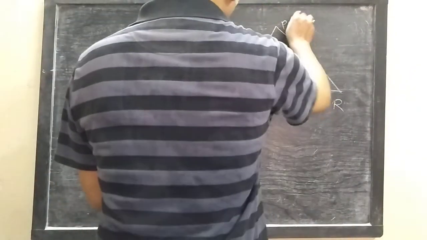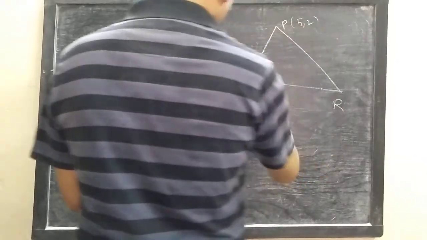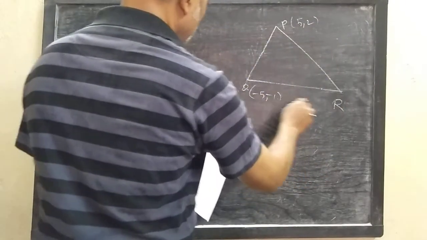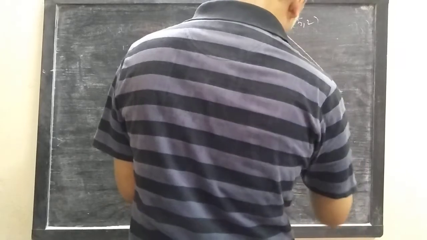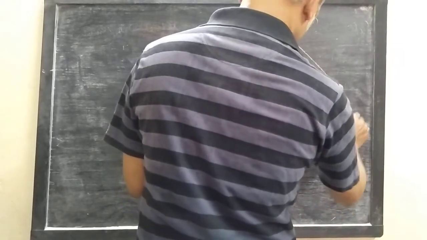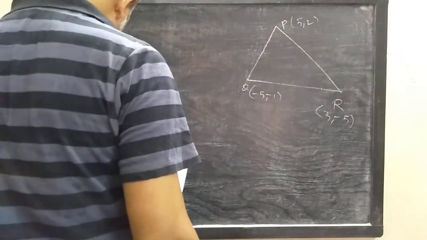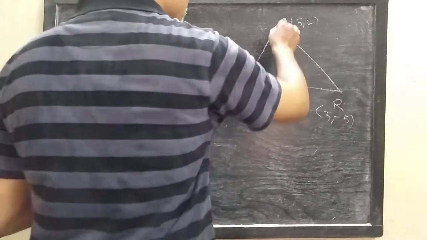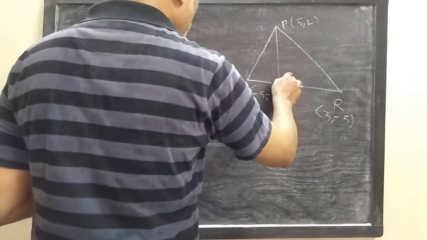P is (5, 2), Q is (-5, -1), and R is (3, -5). At the vertices of triangle PQR, find the area of the triangle and the length of the altitude through P.